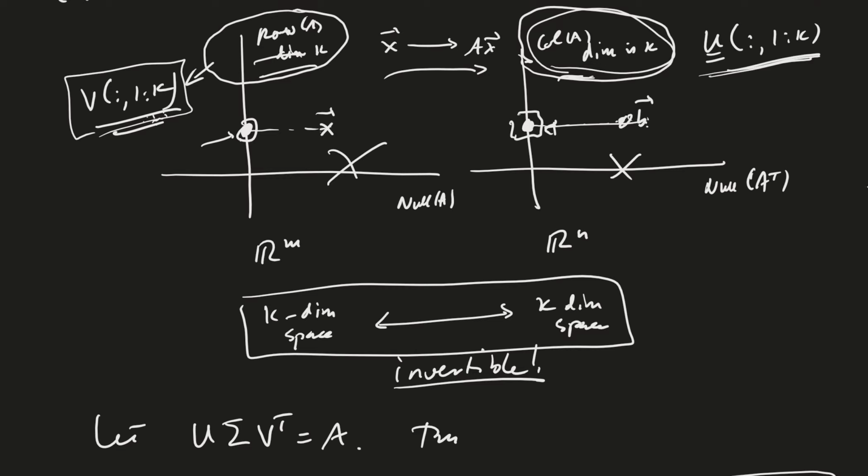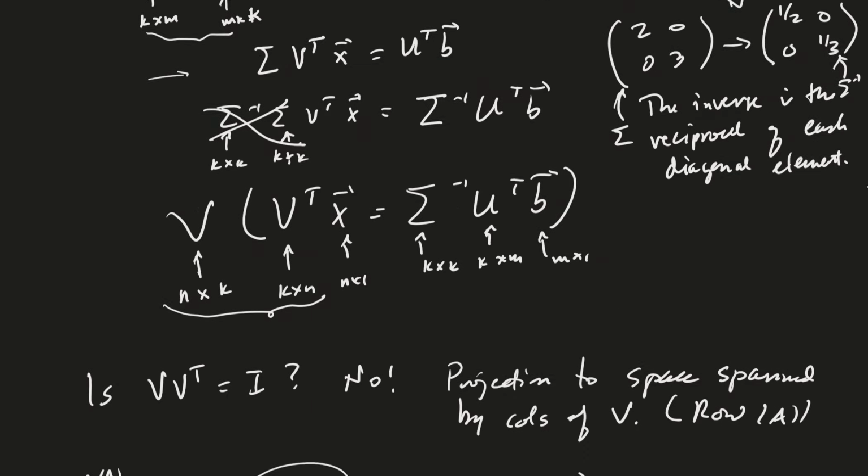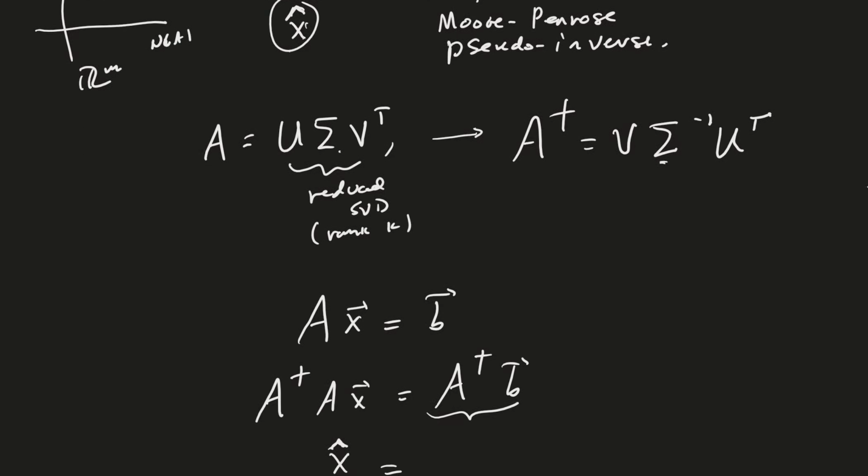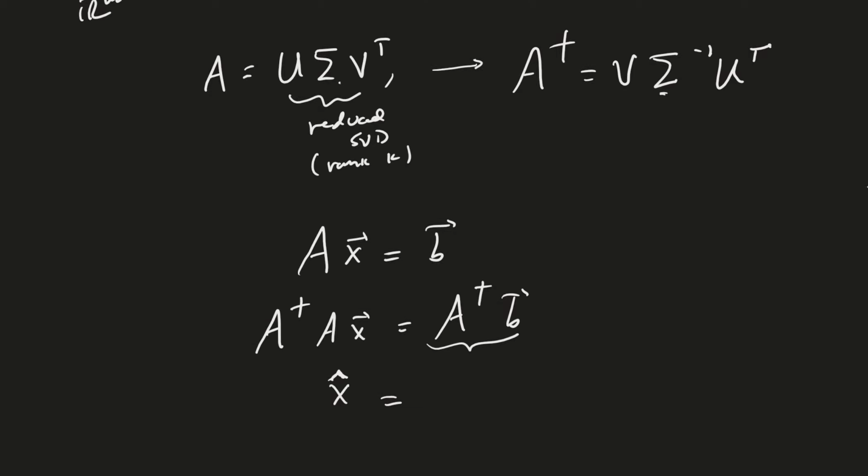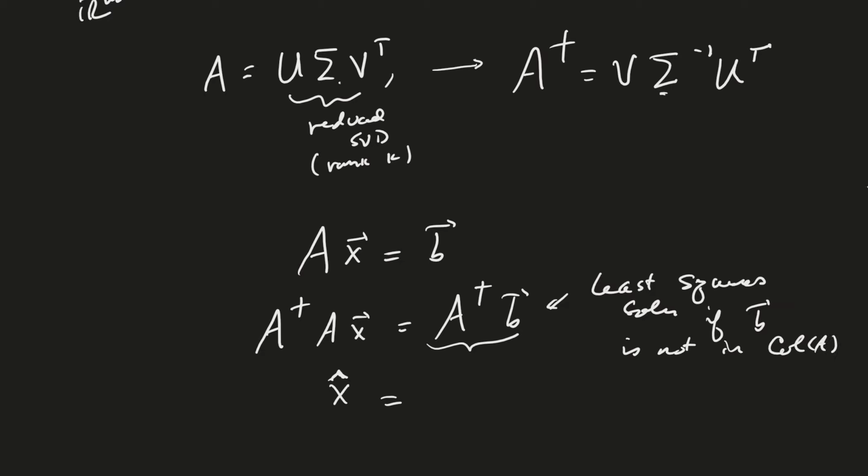If B is sitting outside of my column space, I'm not going to be able to solve the equation. So in that case, this is going to be a least squares solution if B is not in the column space of A. And we're going to show that in the exercises, so I don't want to give that away.